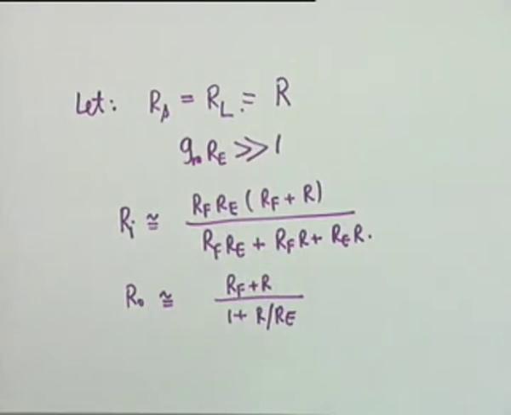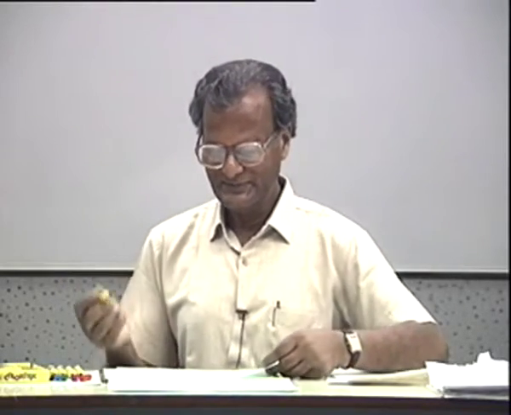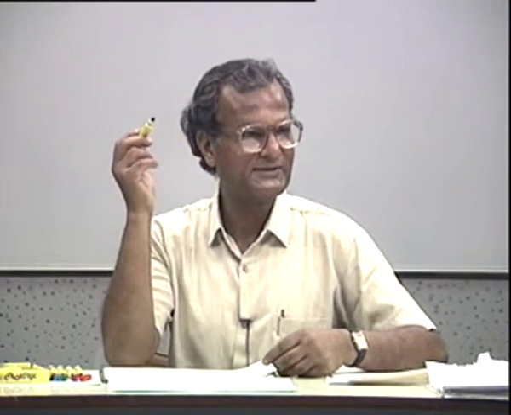In addition, if you desire maximum power to be transferred, not only from the supply to the load, but also from the source of signal, that is Vs, then obviously what you desire is that Ri should be equal to Rs. And since RL is already equal to Rs, the output resistance should also be equal to Rs.